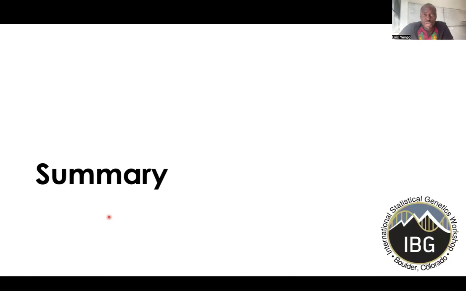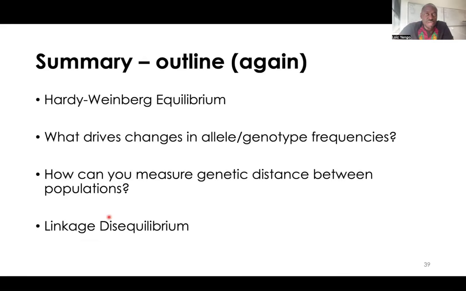All right, so I'm now going to summarize, and that will be the end of this video. In this lecture we covered the concept of Hardy-Weinberg equilibrium. We talked about some of the drivers of changes in genotype and allele frequencies, in particular genetic drift.